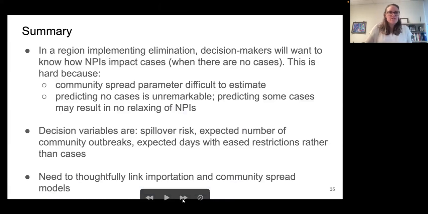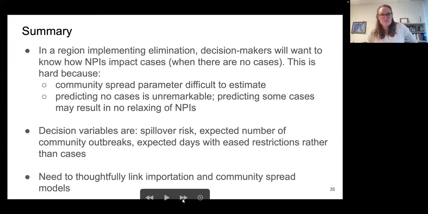So to summarize, in a region implementing elimination, decision makers will want to know how non-pharmaceutical interventions impact cases, but I want to know that when there aren't any community cases. And this is going to be really hard, because the community spread parameters are really difficult to estimate when there is no infection in the community.